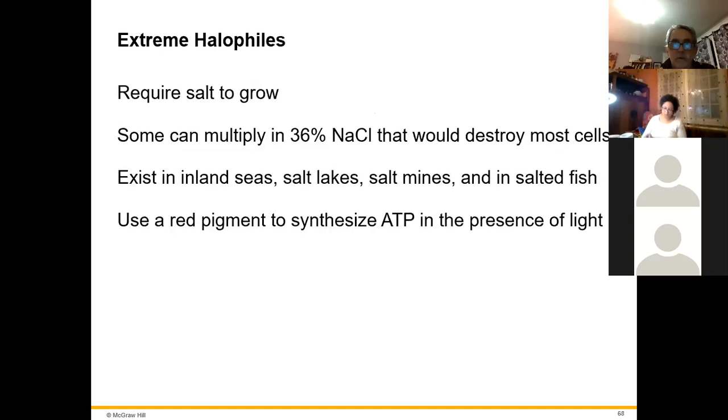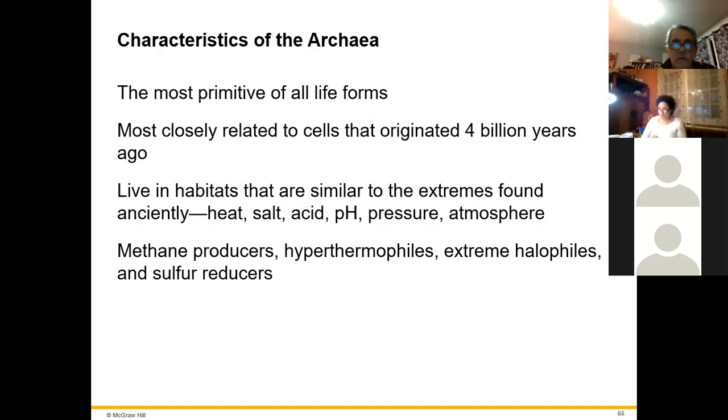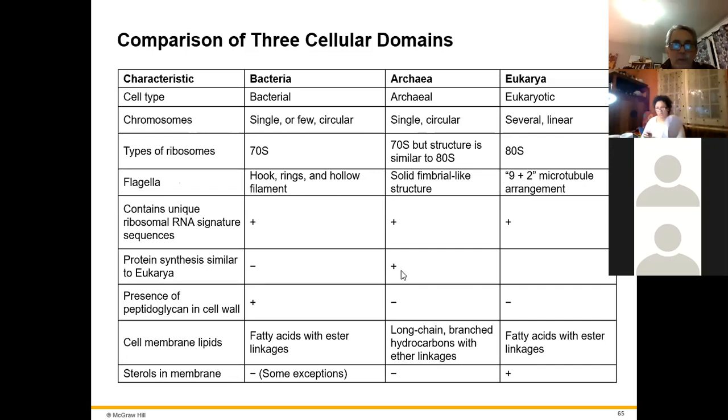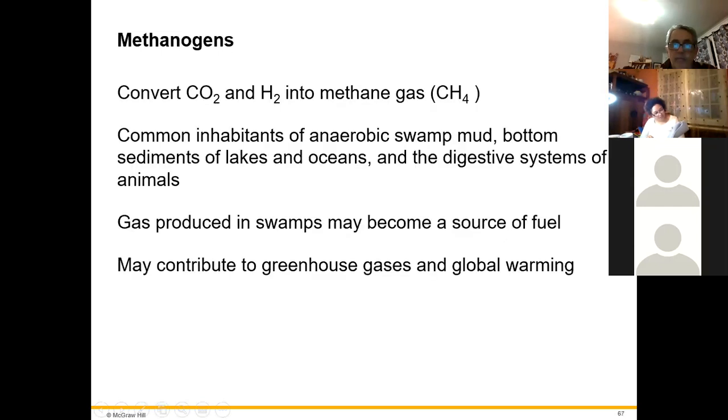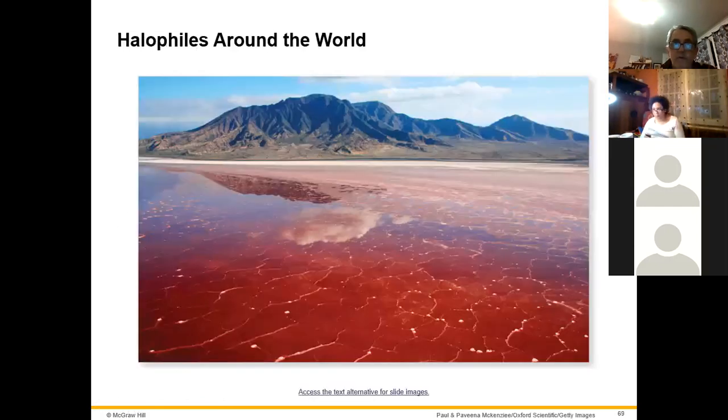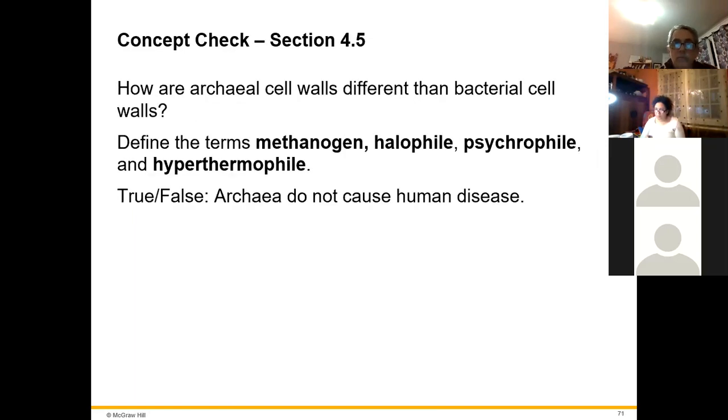The cell walls, if we go back here, bacteria have peptidoglycan in their cell walls, but the archaea and eukaryotes do not have peptidoglycan. We don't have a cell wall, but other eukaryotes like plants and fungi do have cell walls, but it does not contain peptidoglycan.